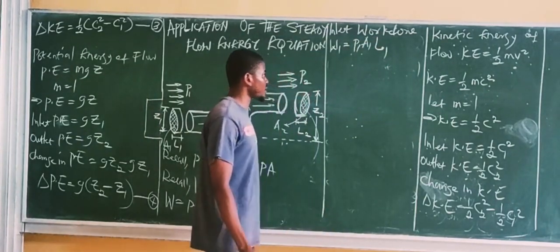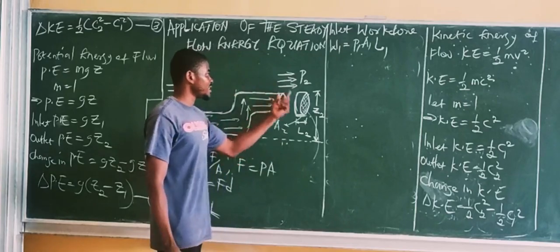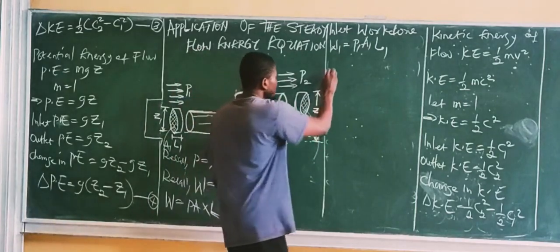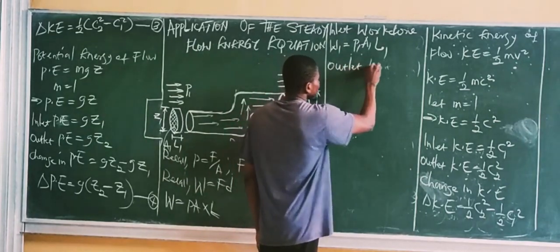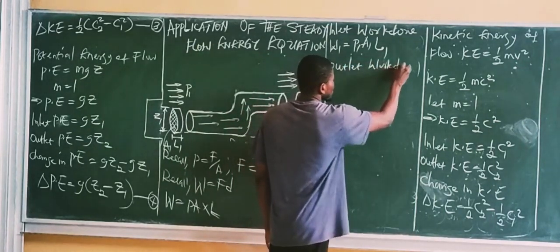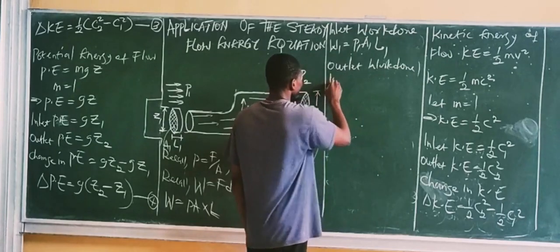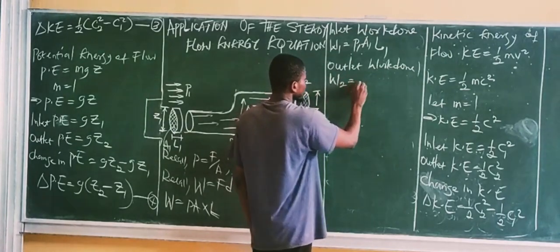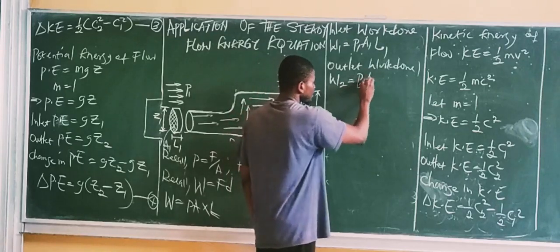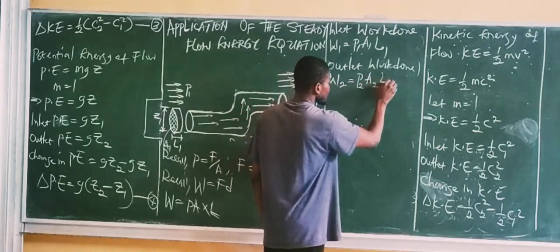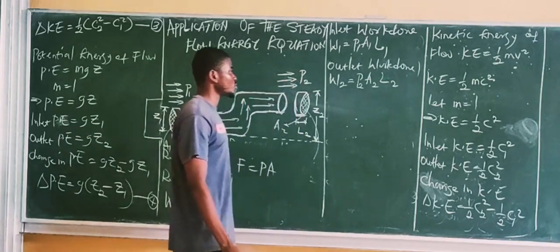Meanwhile, the outlet work done, W2, is the pressure P2 times area A2 times length L2.